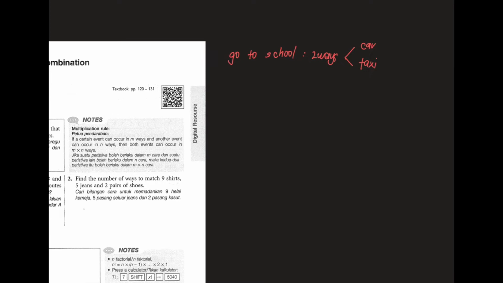Now you come back from school, and let's say you can do it in three ways. You can come back by car, you can come back by taxi, or maybe you just walk. So three ways to do it.